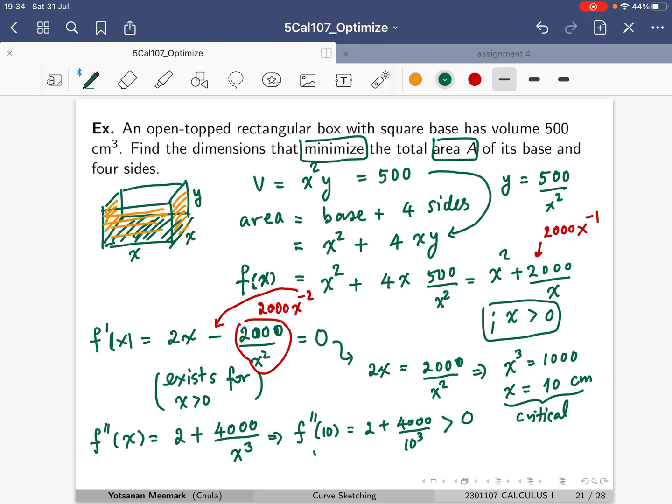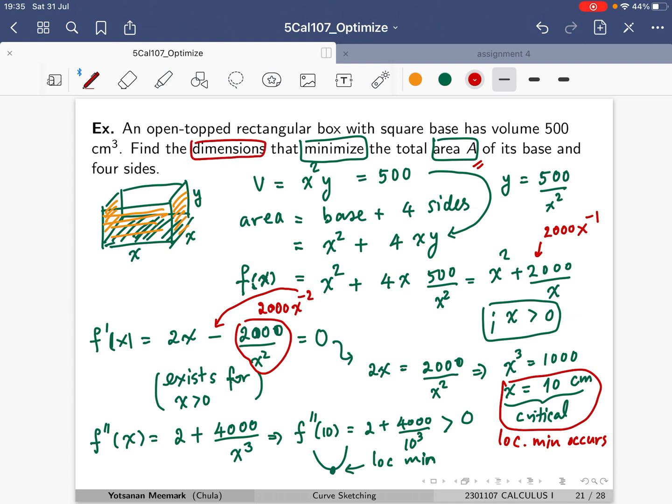So positive means that the graph is concave upward, and concave upward means that a local minimum occurs. So at this critical number a local minimum occurs, a local minimum of the area of the base and the four sides. And you just need to find the dimension.